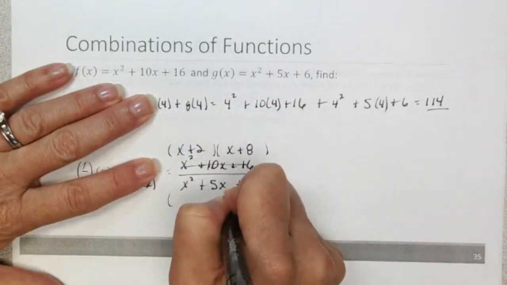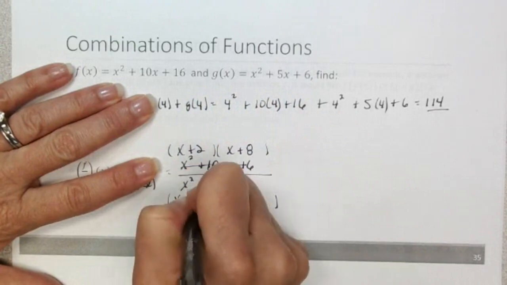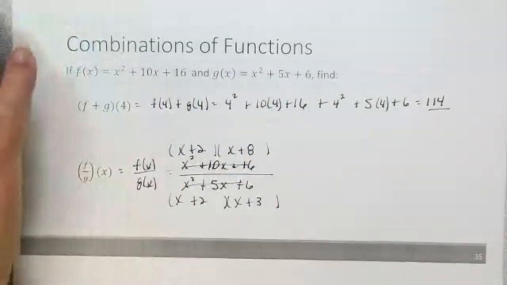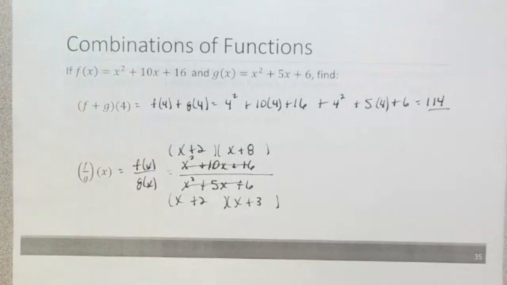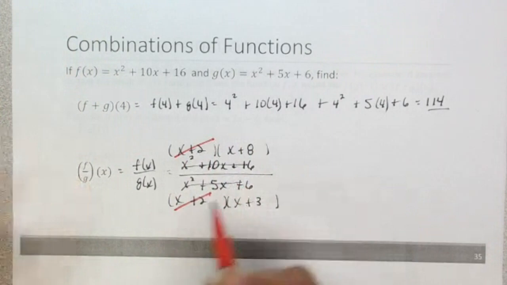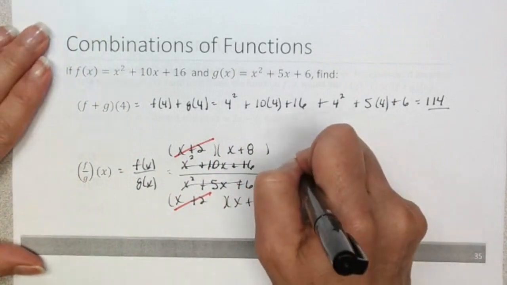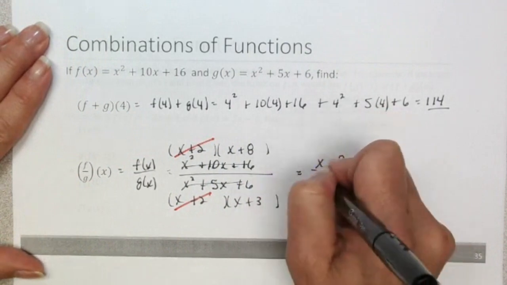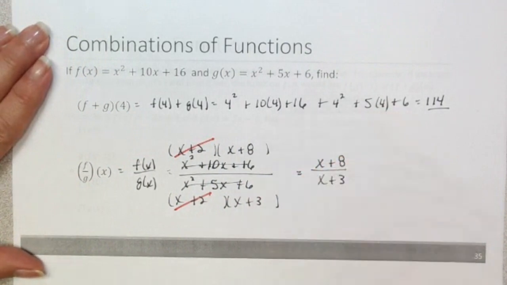And that denominator will factor also, into x plus 2 times x plus 3. So we do have one common factor: an x plus 2 in the numerator as well as in the denominator. Those factors will divide out. Our final answer here then has to be x plus 8 divided by x plus 3.